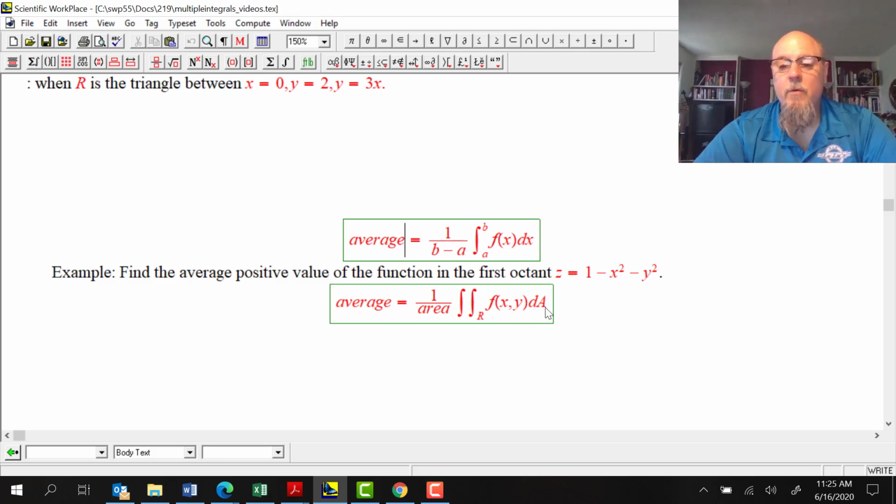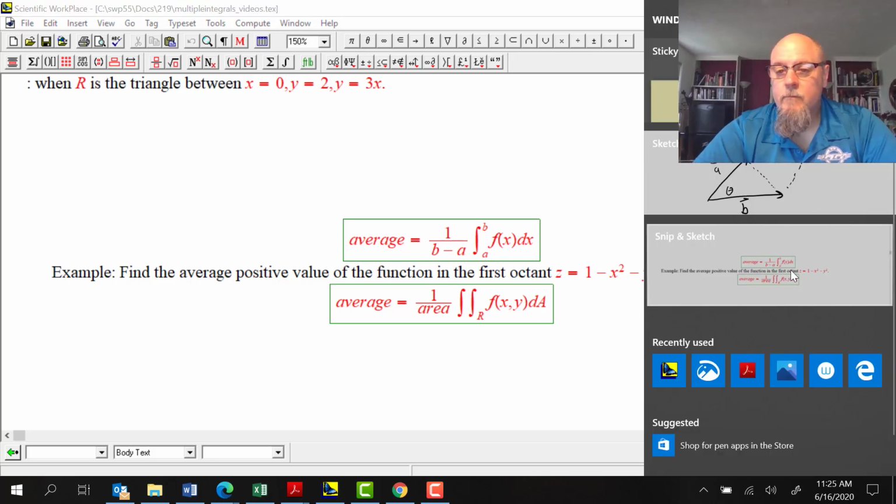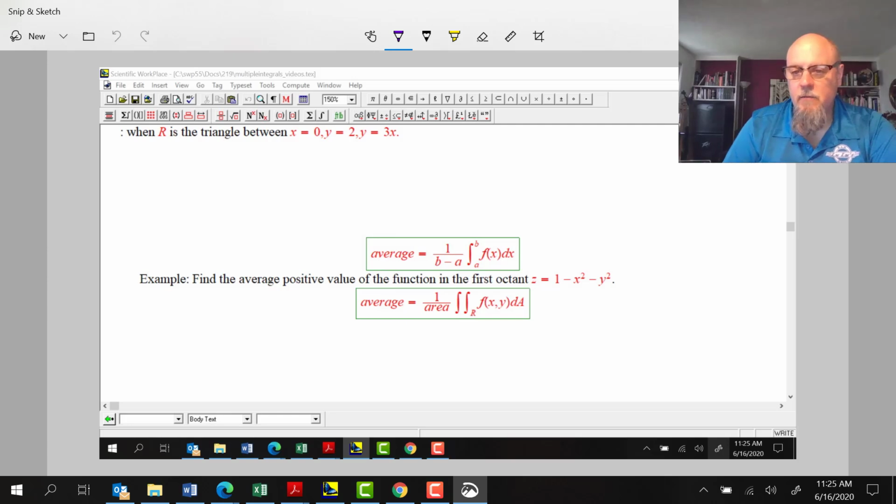So this is the idea that we want to talk about here. And double integral, got to draw the shape. If I'm looking at this shape, and it's the positive value in the first octant, so all right, let's draw our shape here.